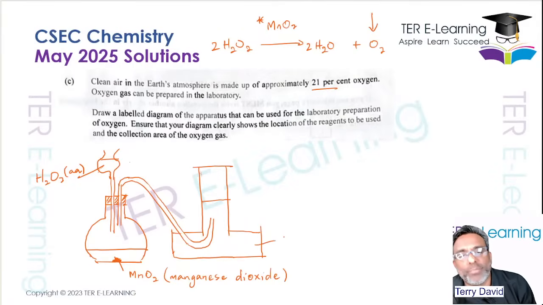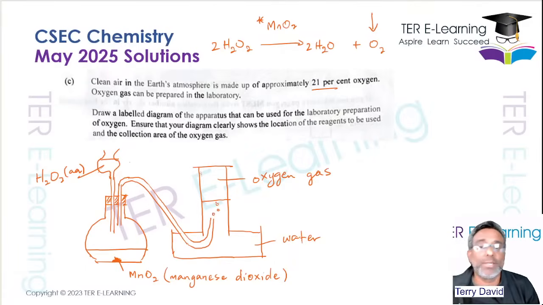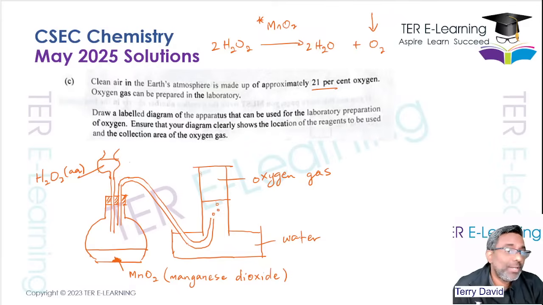This here could be water, and this is where you're collecting the oxygen gas. These are your bubbles of oxygen gas coming out. And that's it. A simple diagram like this is what we're looking for. So it's hydrogen peroxide, and you're using MnO2 as your catalyst, and that's it.